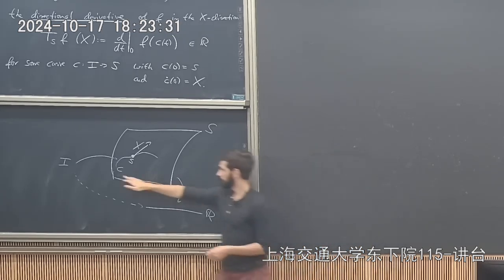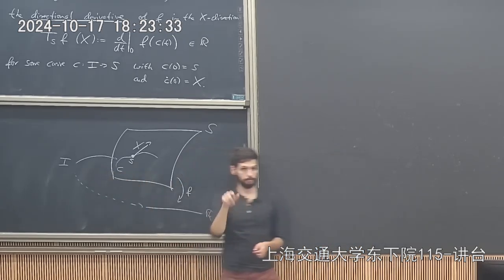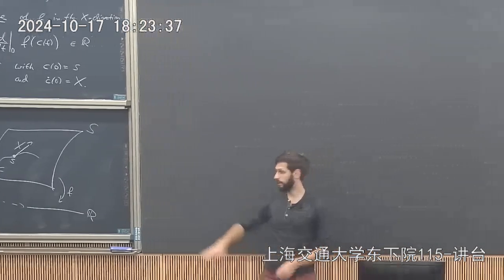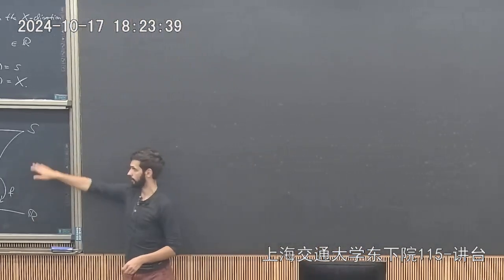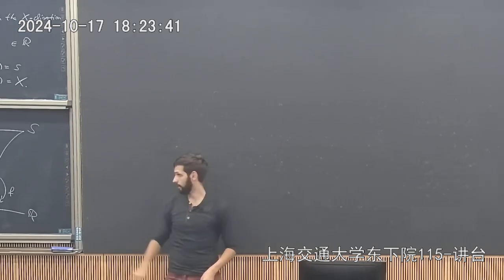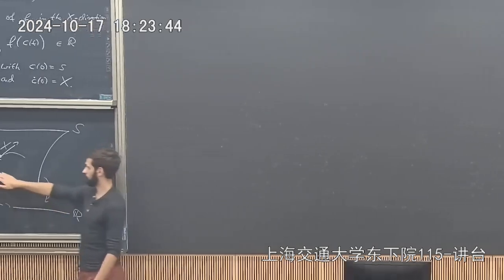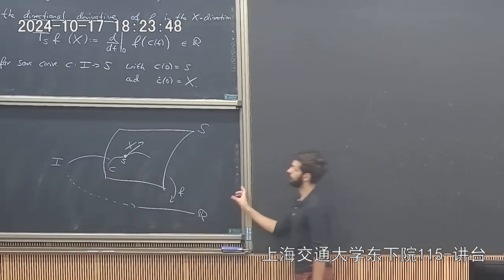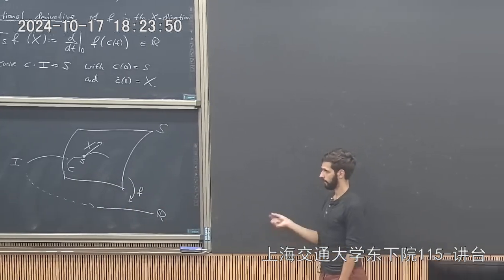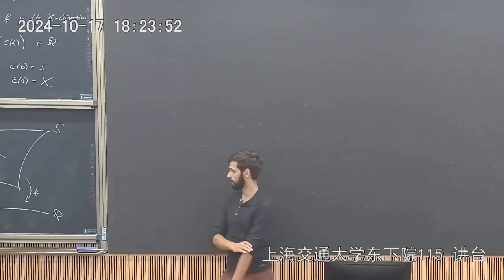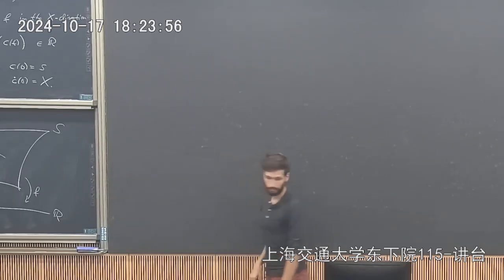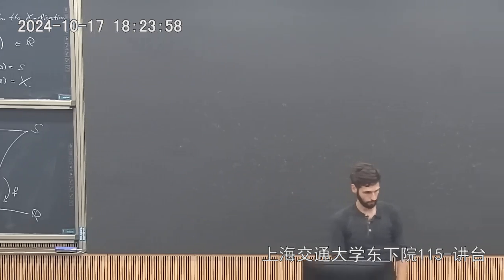The small ant is the curve, and then you say, how much does the function change as I move along the mountain. This composition, f composed with c, is exactly measuring the height of the ant at a given time. And then you're interested in the first order approximation of that.